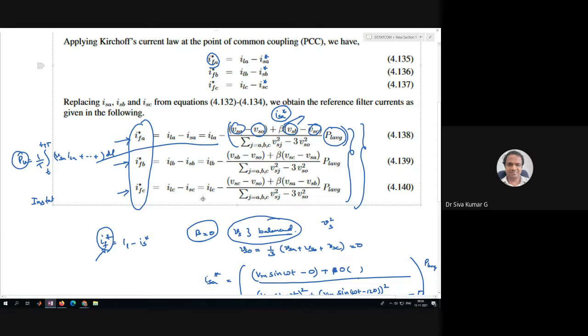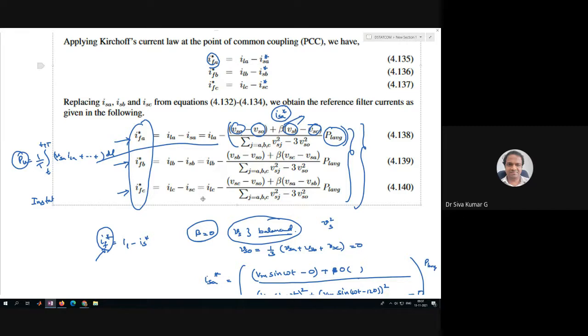So we need to evaluate the load average power from the load voltages and the PCC voltages. We need to calculate it, and then from the PL average power, by substituting the instantaneous voltages and the load average power, we can evaluate the desired power factor. After evaluating the desired power factor, we can estimate the compensator currents.